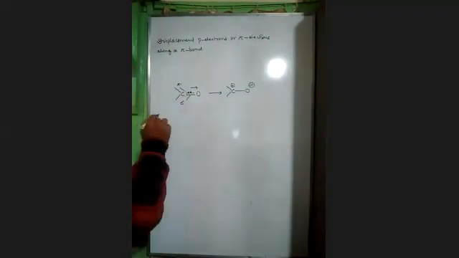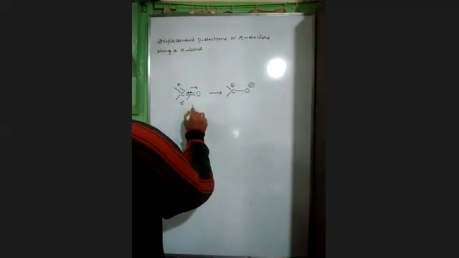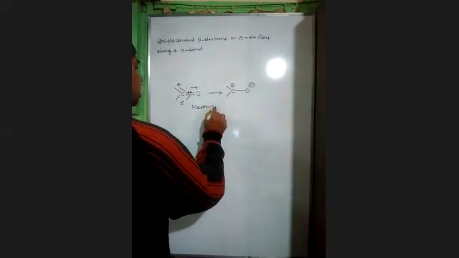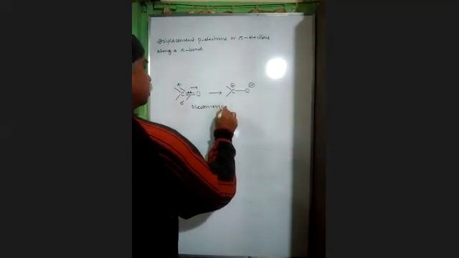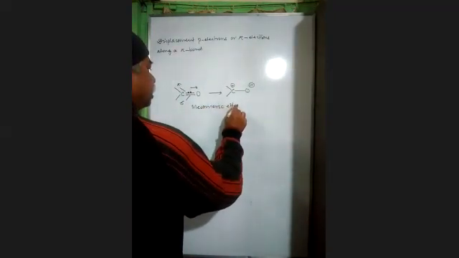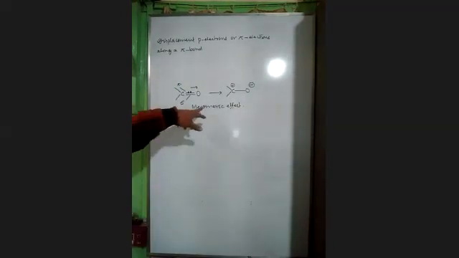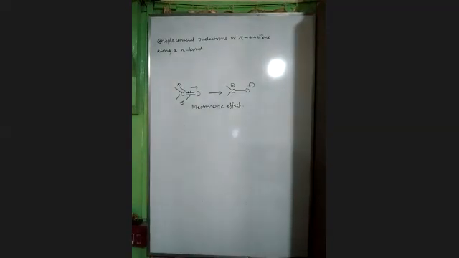Okay, so this type of phenomenon is known as mesomeric effect. In your book, they did not initially mention mesomeric effect. They have started with resonance, but actually this is called mesomeric effect. And this is a permanent effect. Okay. So what should I write here?